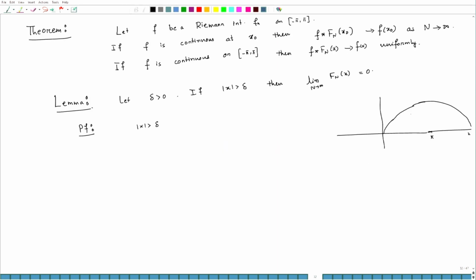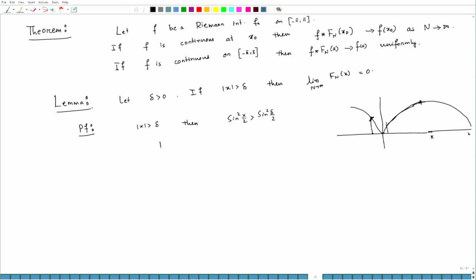Suppose delta is somewhere here, then sin x by 2 is greater than sin delta by 2. Similarly for the modulus. Now, mod x greater than delta means this is greater than sin delta by 2. We can write this as, therefore, sin square is greater than sin square delta by 2.